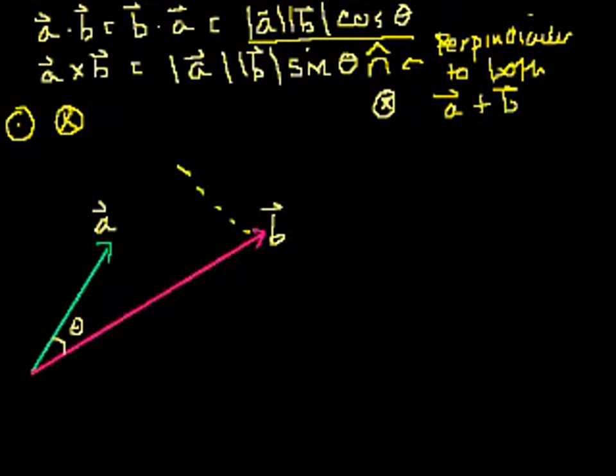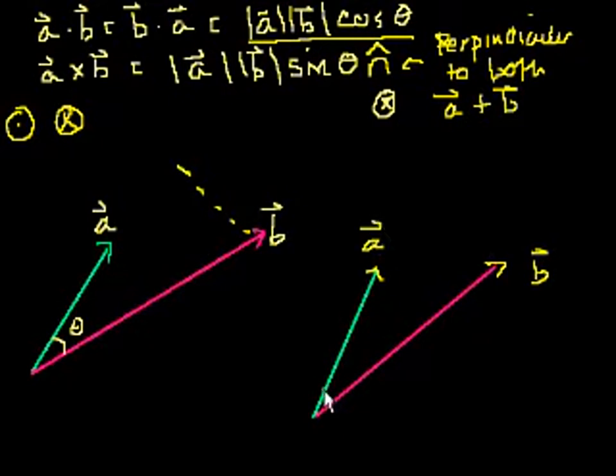Let me draw it separately. I don't want to mess up this picture too much. So if that's B, and that's A, this is theta. B cosine theta is, if you drop a line perpendicular to A, this is a right angle.